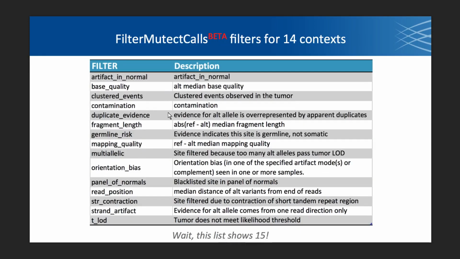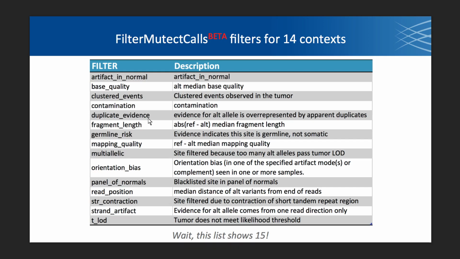Currently, the current release of FilterMutectCalls filters for 14 contexts. The filters that you will see in the filter field are listed on the left, and the description that you can find in the VCF header is listed on the right. Even if a header lists a filter, for example here, duplicate evidence, it doesn't mean that filter was used.